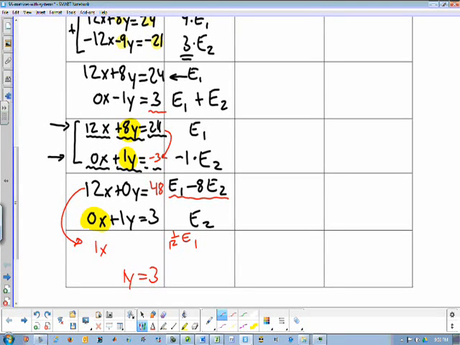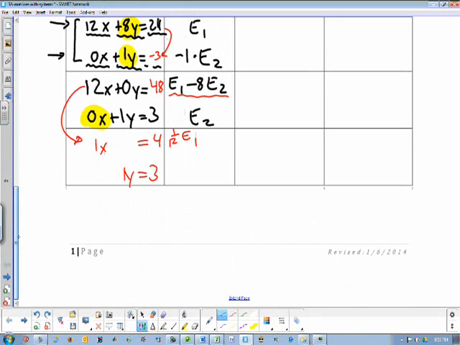Okay, and 0 divided by 12 is just 0, and 48 divided by 12 gives us 4. Okay, and so we did this process, and it's kind of cumbersome with the x's and the y's, but we found out that x is 4 and y is 3.